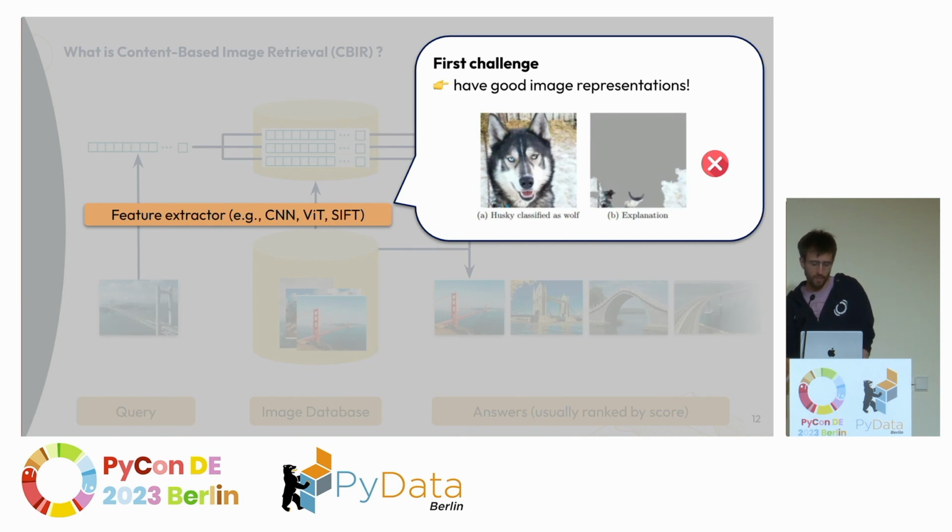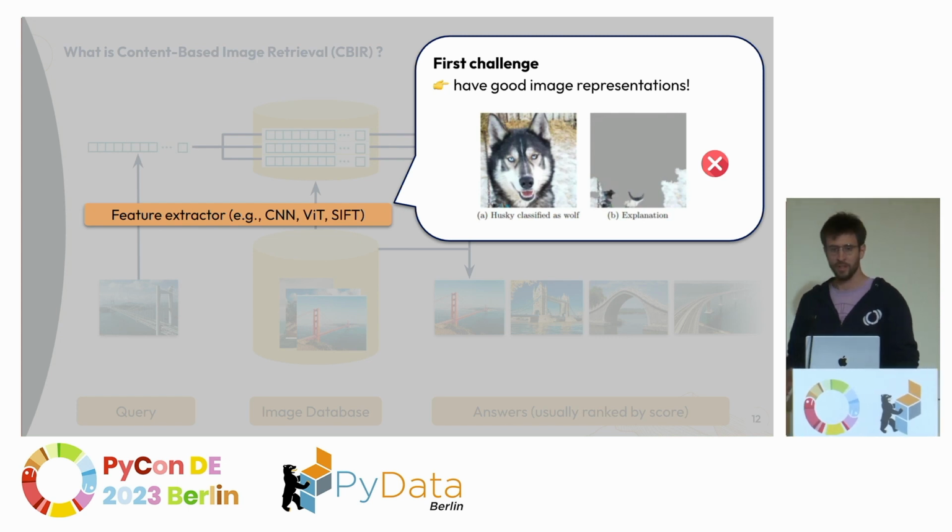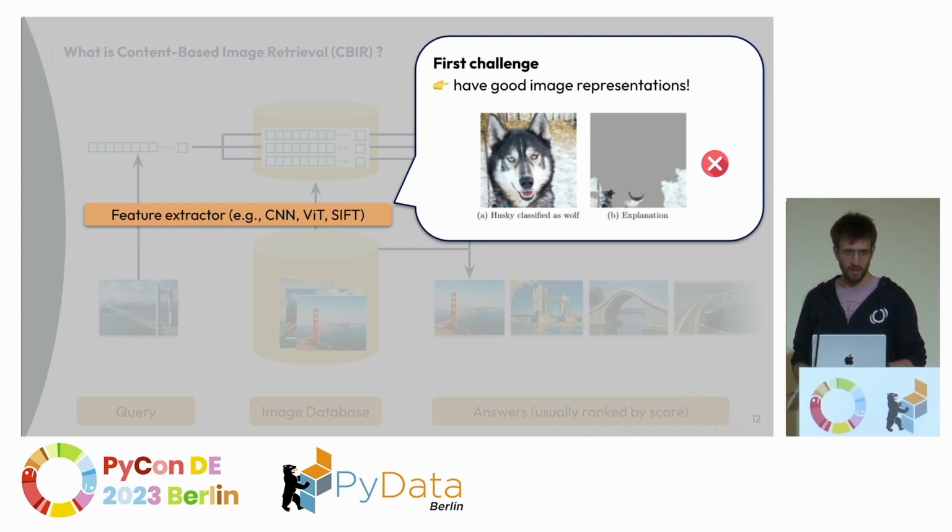So when building such a system, there are two challenges. The first one is to have a good feature extractor, because if the representations are not good, you are not going to be able to do good searches. There was a famous problem in computer vision a few years ago. Some people tried to train a classifier to classify wolves and dogs.